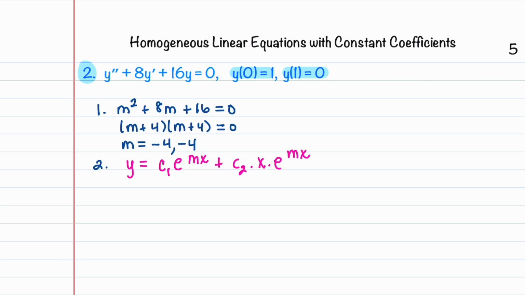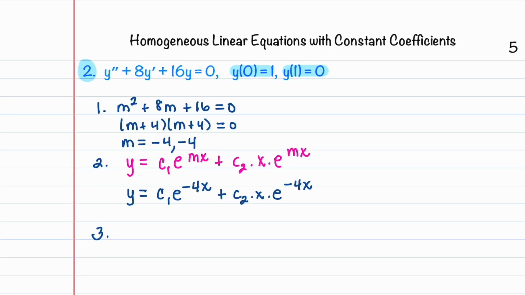For our problem, the solution then is y is equal to c1e to the minus 4x plus c2 times x e to the minus 4x. In step 3, what we're going to do is find c1 and c2 using our boundary conditions.